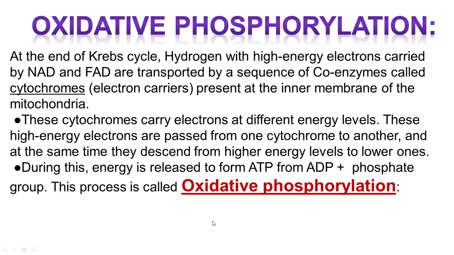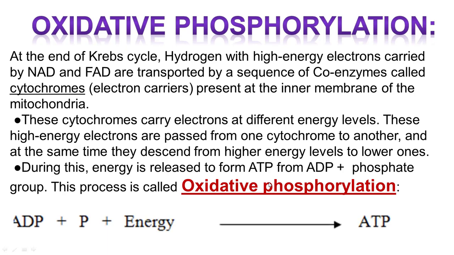These high energy electrons are passed from one cytochrome to another like a ladder, descending from a higher energy level to a lower one. During this, ADP is transformed to ATP. This is the meaning of oxidative phosphorylation: ADP plus P plus energy changes to ATP.